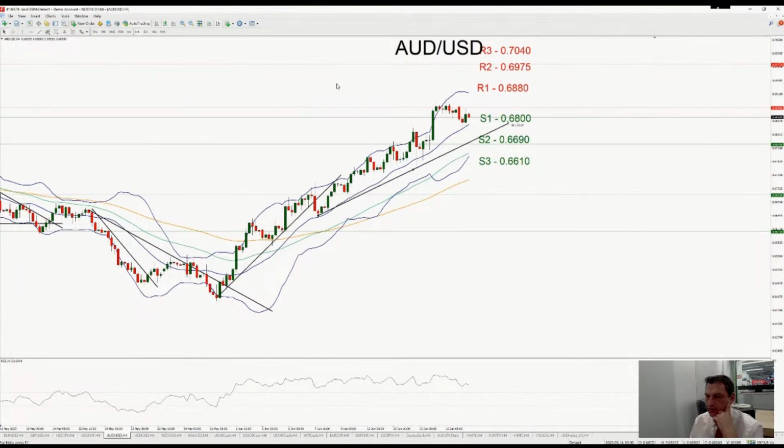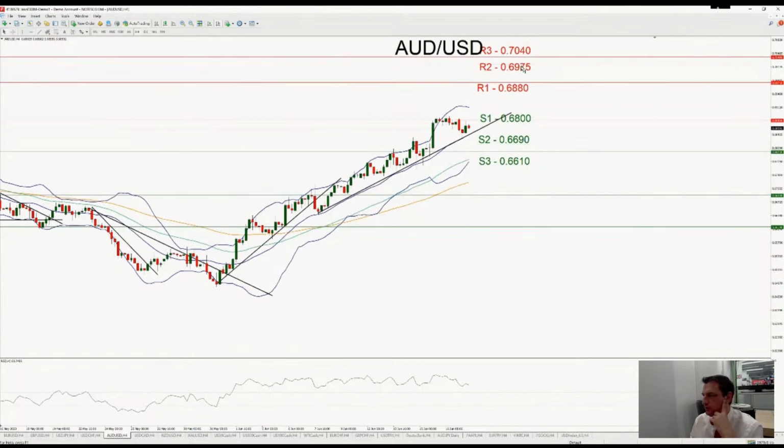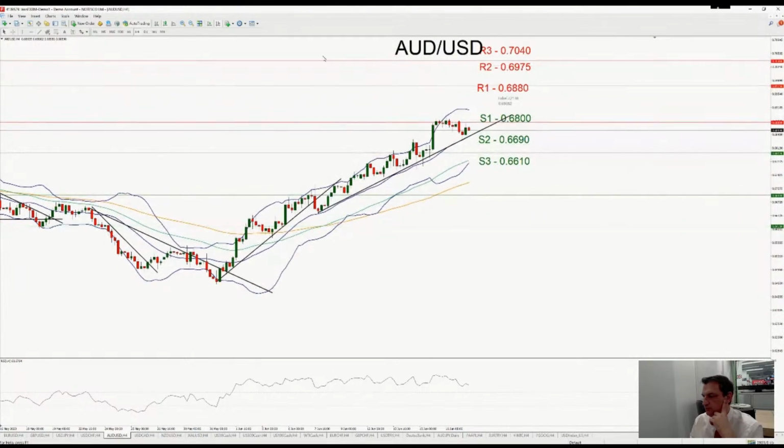And a shift to the right of the upward trend line, something like this. Now it's interesting to note that we have also a problem with the resistance line. Let's reposition the labels.